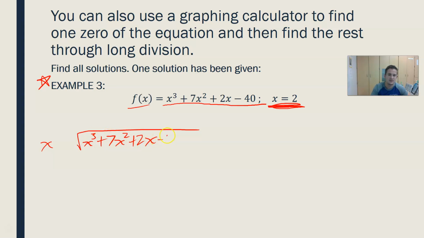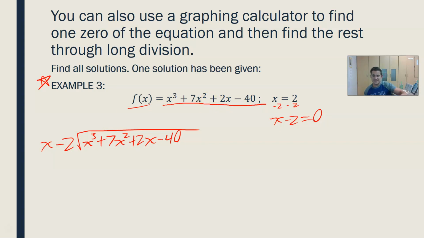Well, this isn't a factor, this is a solution. A factor is when I have x plus or minus something else set equal to 0. If my solution is 2, x equals 2, and I subtract 2 on both sides, I get x minus 2 equals 0. So if my solution is 2, my factor is going to be x minus 2. That's what I'm going to divide into this polynomial.